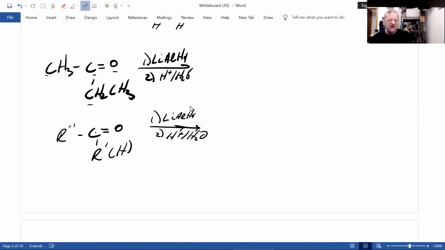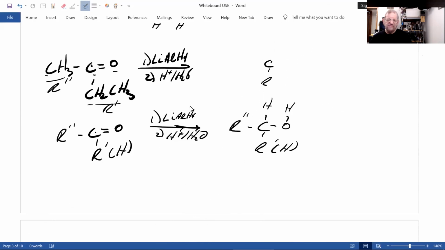What's attached to the carbonyl carbon is still there. And then you break the pi bonds like hydrogenation. Each atom of the carbon-oxygen double bond gets a hydrogen. So I'll call this R prime, this R double prime. What's attached to the carbonyl is still there.